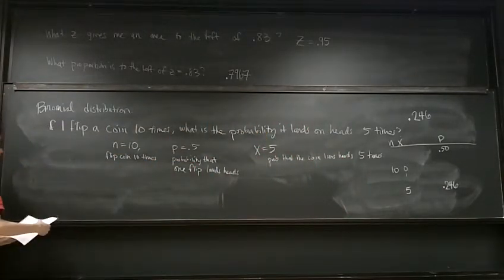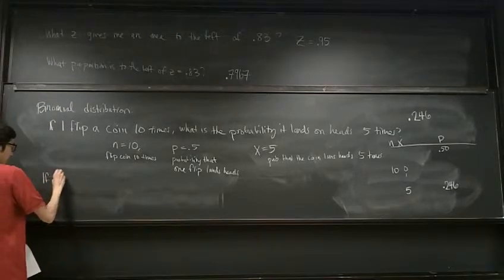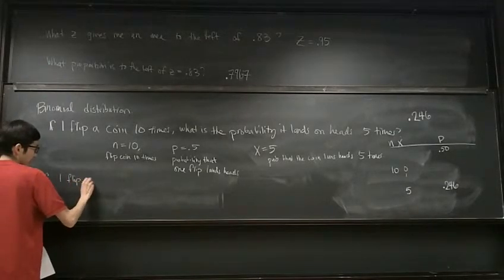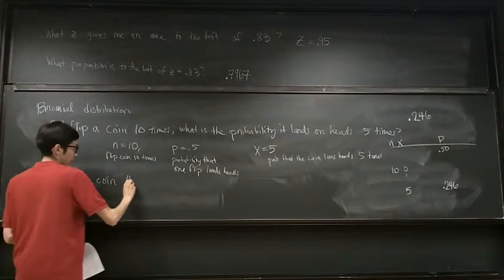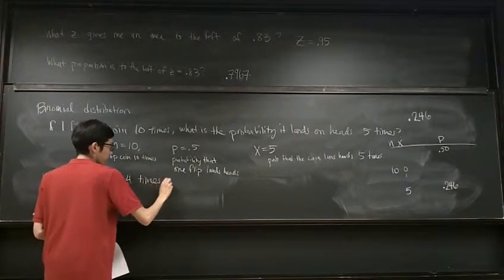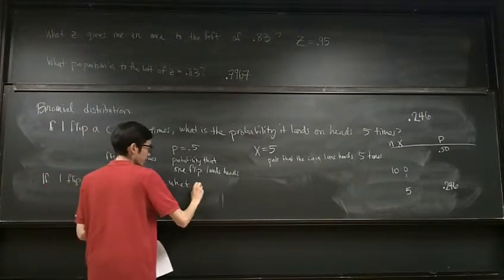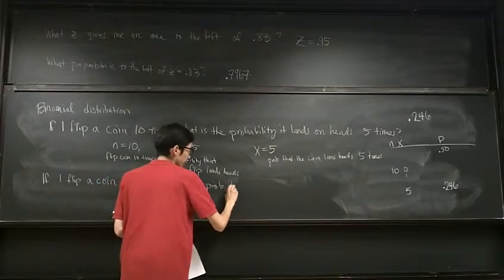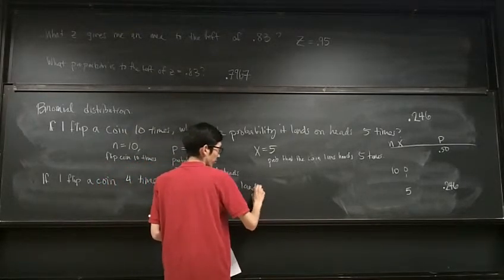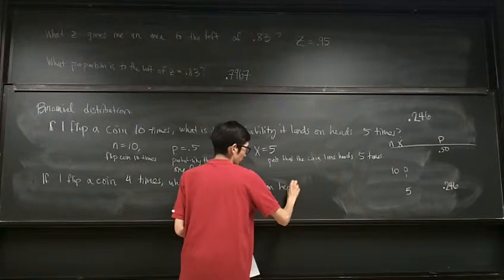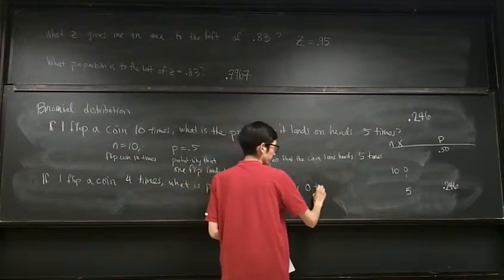If I flip a coin 4 times, what is the probability it lands on heads 0 times?